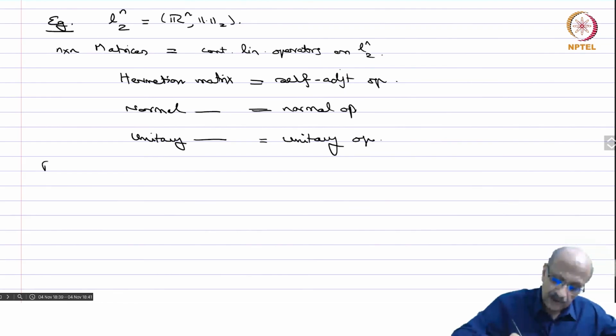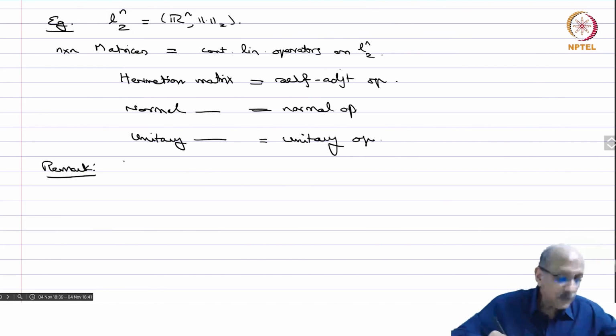Then final remark. Suppose you have an unbounded operator, D(A) contained in H going to H, which is densely defined.